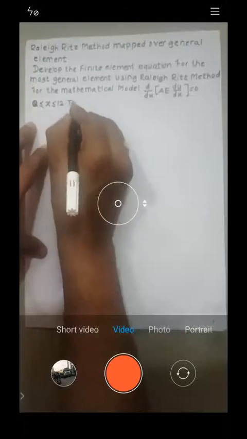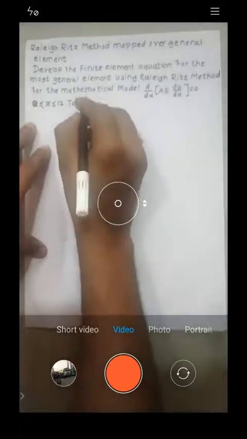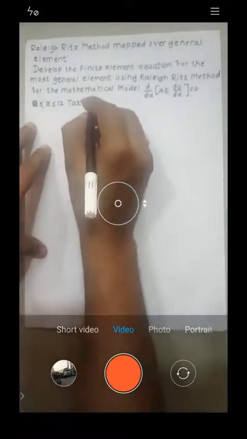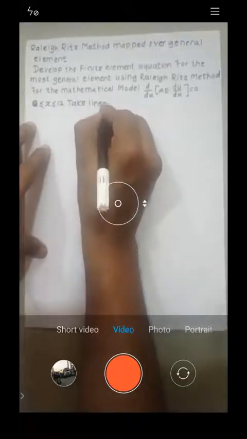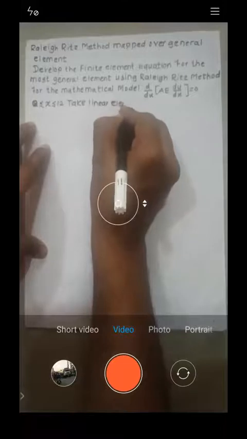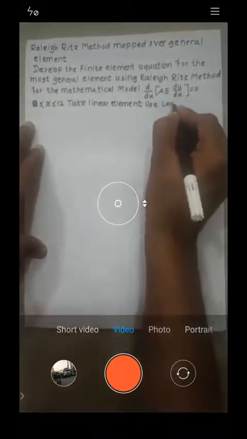Take linear element. Use Lagrangian linear shape functions.